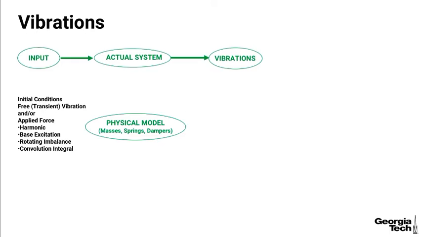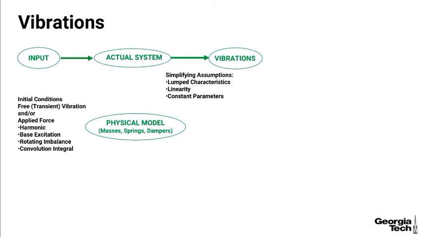And so in physically modeling the actual real-world engineering system, we use a physical model, which is composed of masses, springs, and dampers. And as I told you before, the whole world is going to be modeled in this vibrations course by masses, springs, and dampers. And to do that, we make several simplifying assumptions.